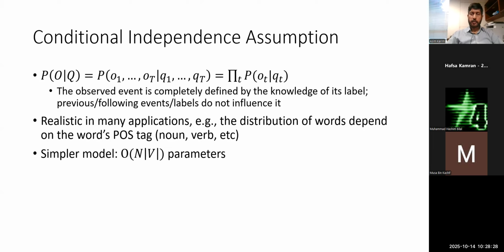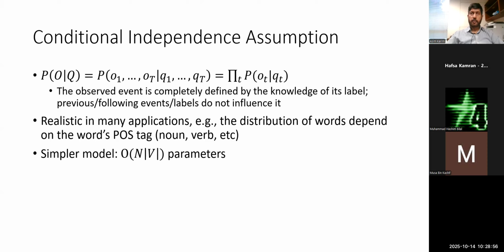So this is the second assumption, conditional independence assumption. This applies on the second component of the probability of O given Q. So we assume that each event O depends only on the current state Q. ठीक है? सो जो और अदर कंपोनेंट्स थे प्रोबेबिलिटी में वो हमने ड्रॉप कर दिए, उनकी डिपेंडेंस खत्म कर दिए. कंडीशनल इंडिपेंडेंस.